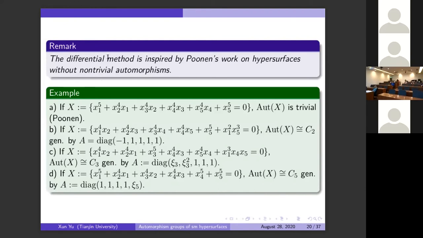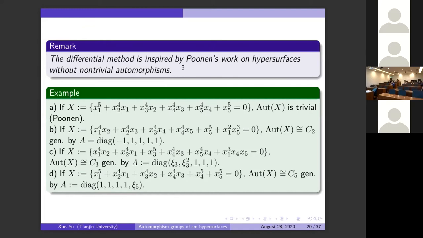Actually, this differential method is inspired by Poonen's work on hypersurfaces without nontrivial automorphisms. We know a general fact for smooth hypersurfaces: for a generic one, the automorphism group is trivial. Of course, it is of interest to give explicit, relatively simple examples of hypersurfaces such that the automorphism group is trivial.